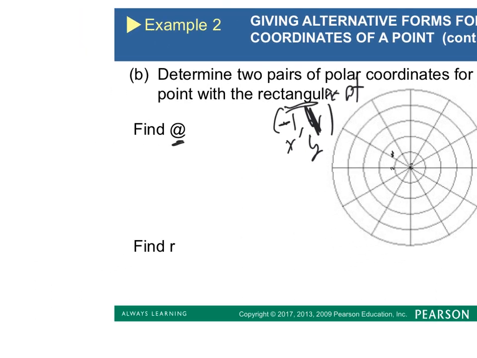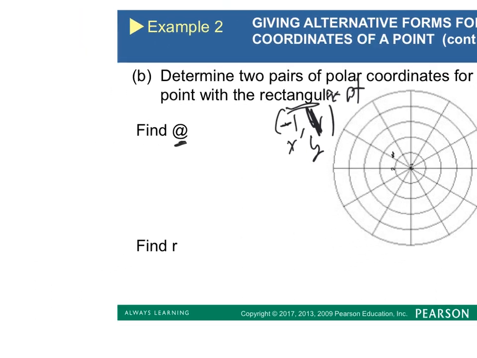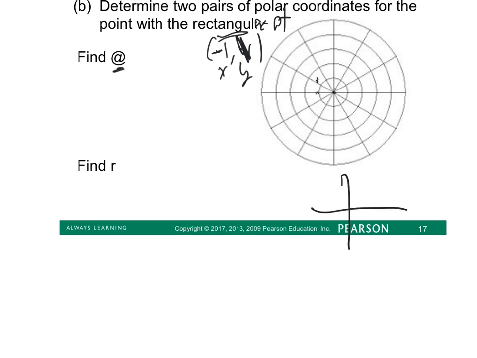So I'll just draw it over here because I don't want to mess up my polar. Negative 1, 1. There it is. And so if this is where that point is, and remember, we pretend we're looking at a triangle that was created from moving. So that's my R. And if this was a 1 and this was a negative 1, well, then this must be a square root of 2. 1, 1, square root of 2. Just so happens that that's the negative direction in quadrant 2.